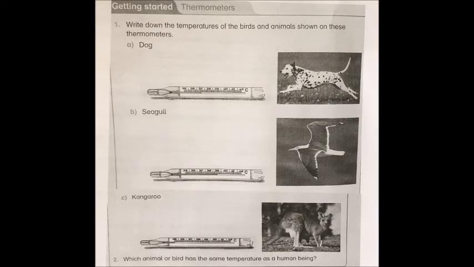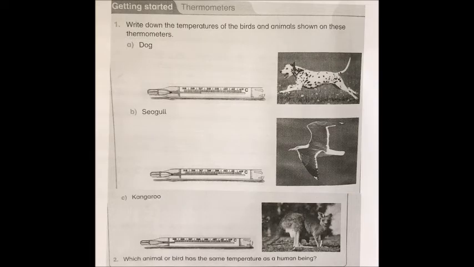It says getting started. Write down the temperatures of the birds and animals shown on these thermometers. Now grade 6s, you pasted in this page after the explanation page because it's all about temperatures and thermometers. So a dog has a temperature of, can you see in your books?